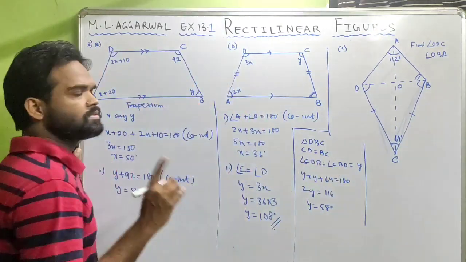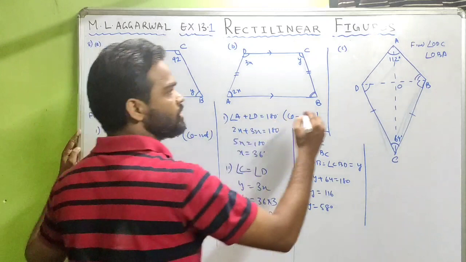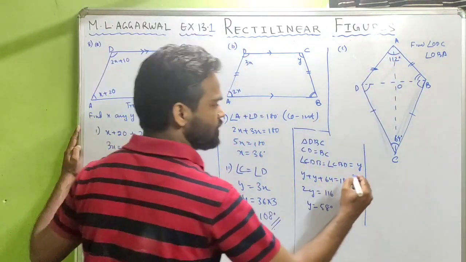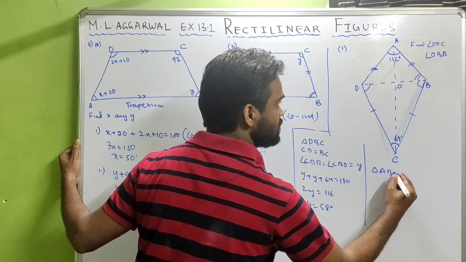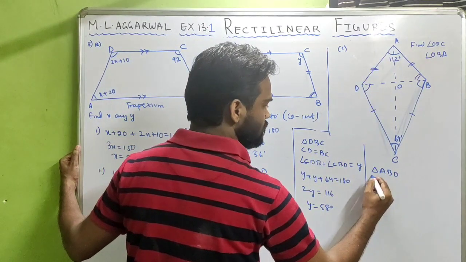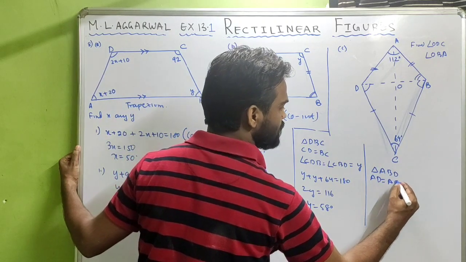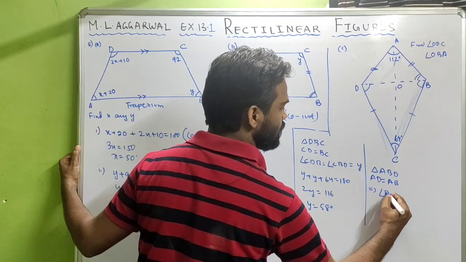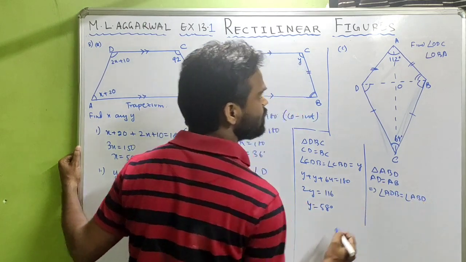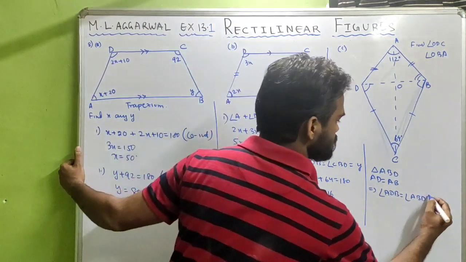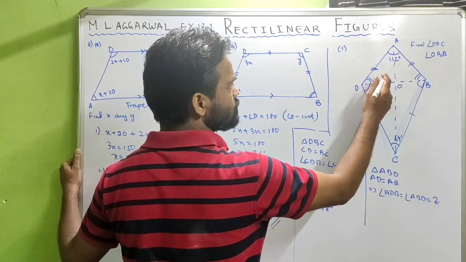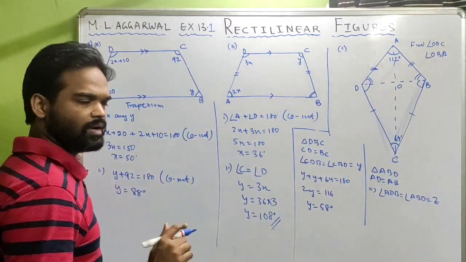Done. Similarly, ABD, if you look at this triangle ABD, okay, AD is equal to AB, which means angle ADB is equal to angle ABD. Okay, suppose this is Z. So these two angles are equal, so Z plus Z plus 112 will be 180.